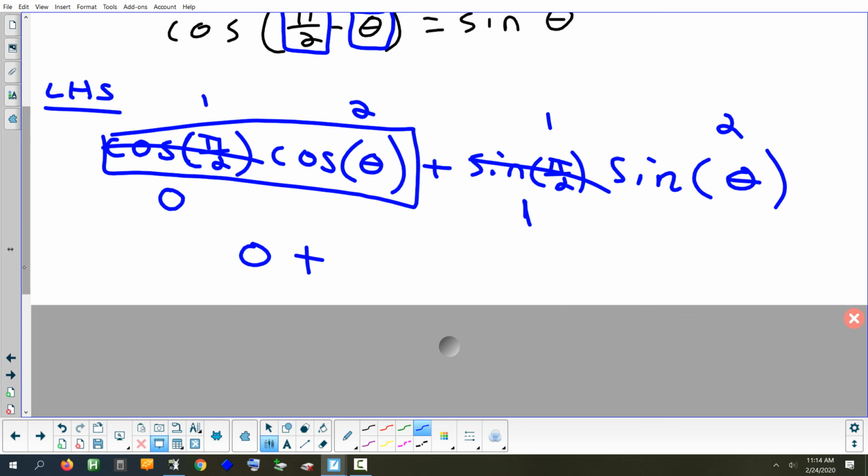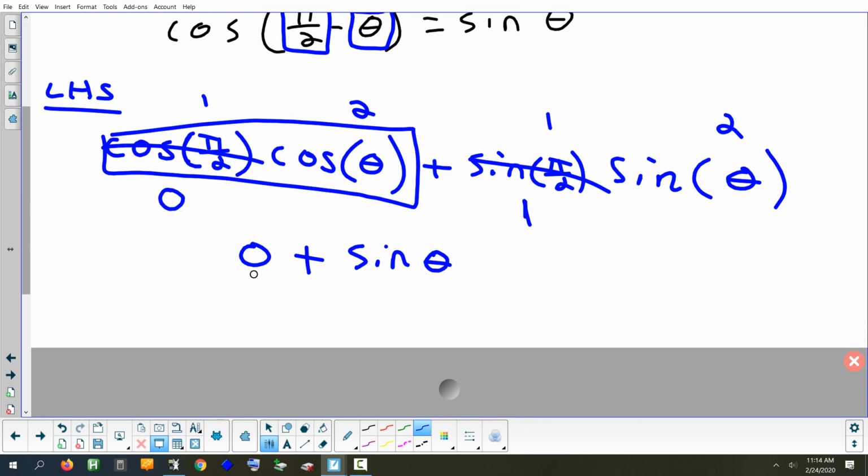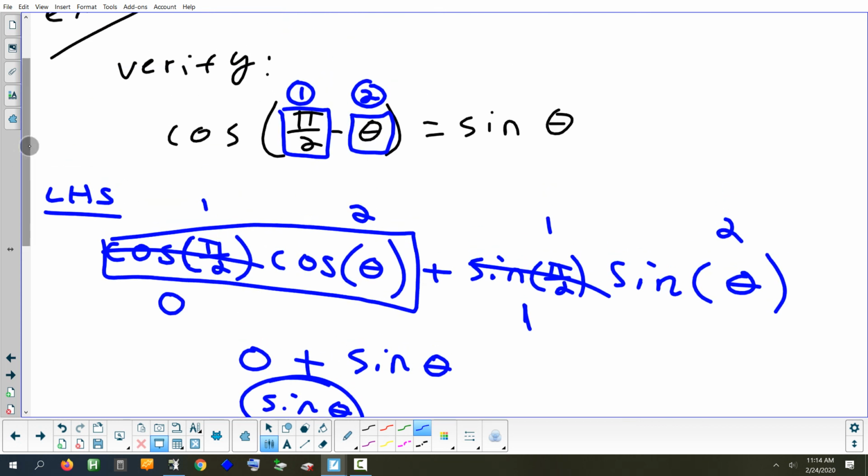What's 1 times sine? Sine. And now just finish that up. What's 0 plus sine? Sine. So the left-hand side of this problem is sine, and the right-hand side was sine. So we verified that what's on the left is the same as what's on the right.